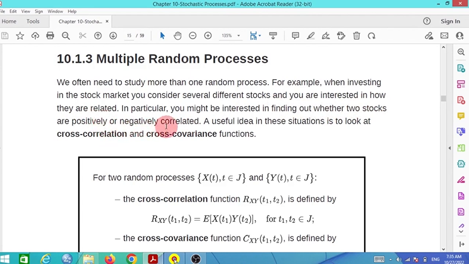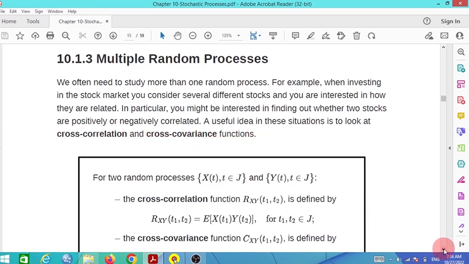In particular, you might be interested in finding out whether two stocks are positively or negatively correlated. A useful idea in this situation is to look at the cross correlation and cross covariance function.